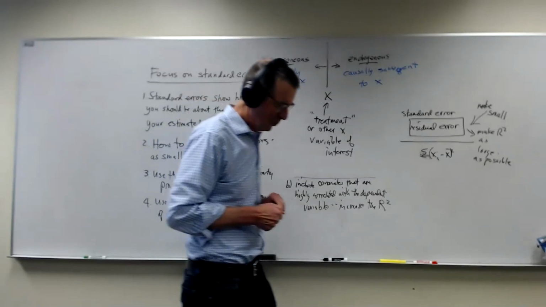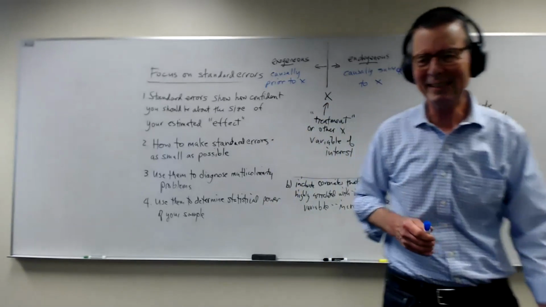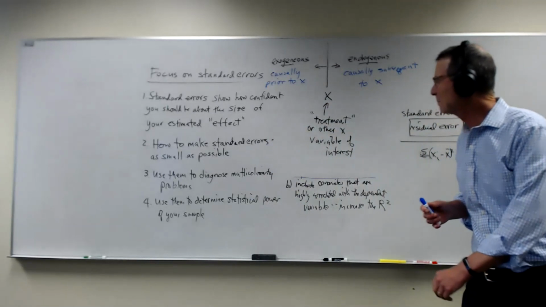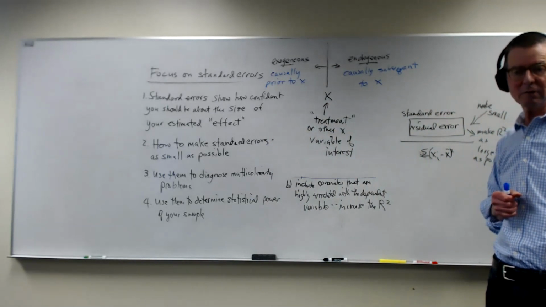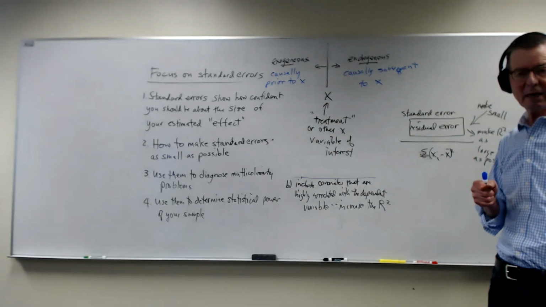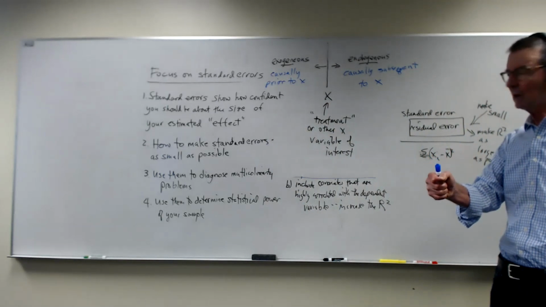Greg, could you explain why being prior to X is exogenous and what it means to be prior to X? That's a good question. That's a philosophical question, actually. In some cases, it's temporally prior to X, things that happen in time before X comes along.